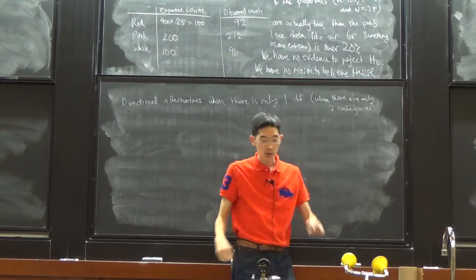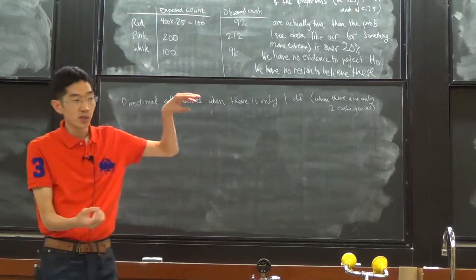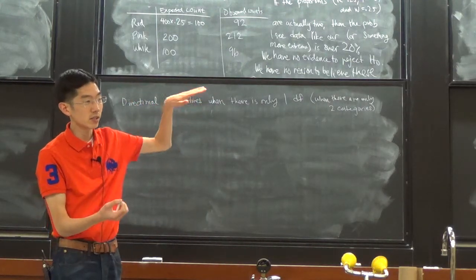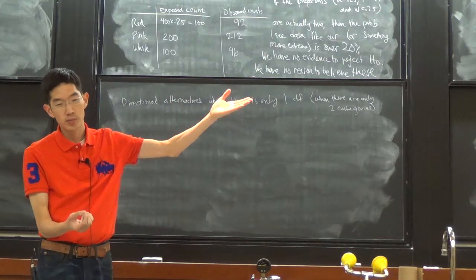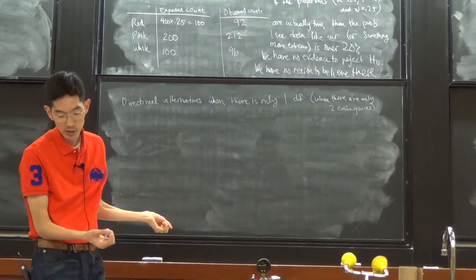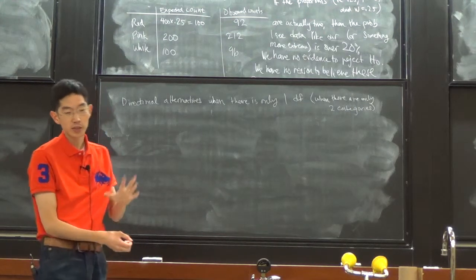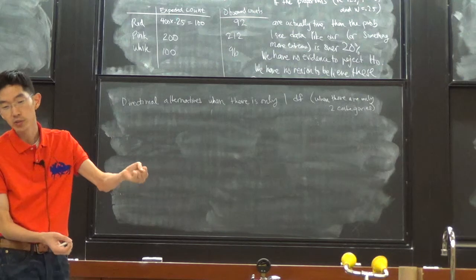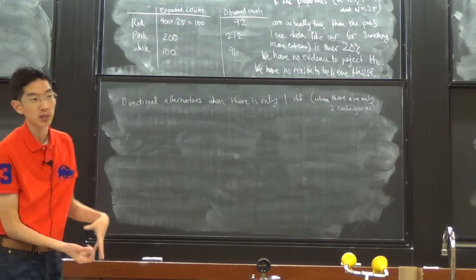That's because the null hypothesis says that category 1 has this proportion and category 2 has the other proportion, 1 minus that. The alternative could say category 1 is actually larger, which forces category 2 to be smaller.